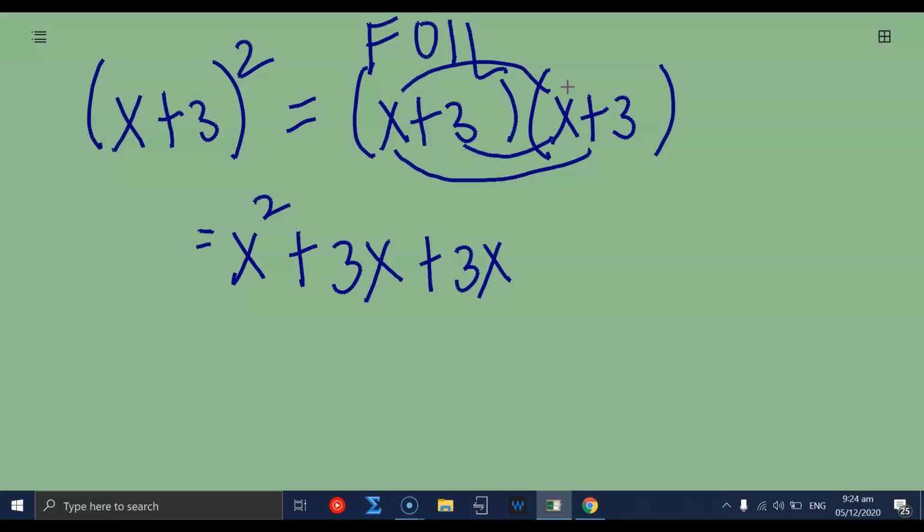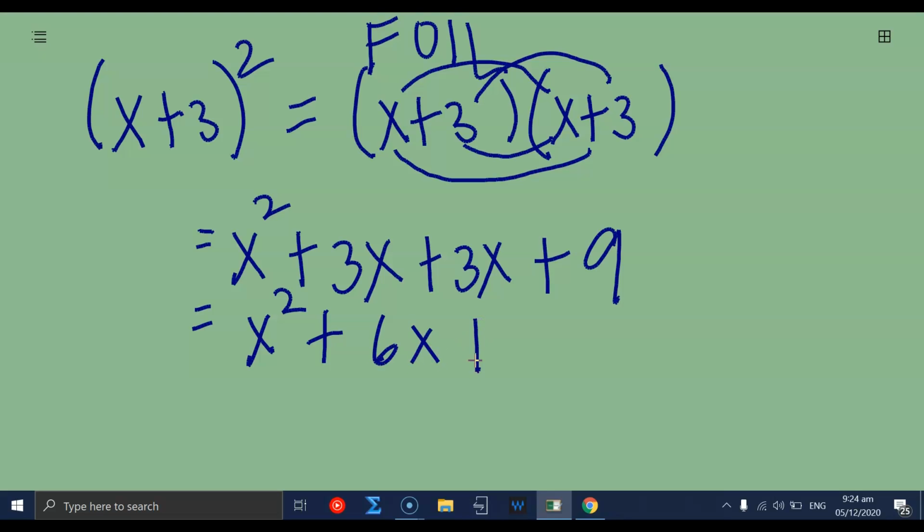And then the last terms, which are the 3 and the 3. So 3 times 3 is positive 9. Combining the two middle terms because they are alike, so you have x squared plus 6x plus 9.